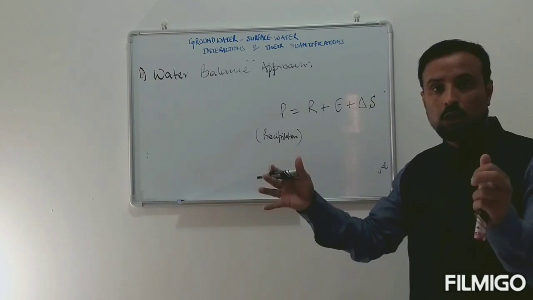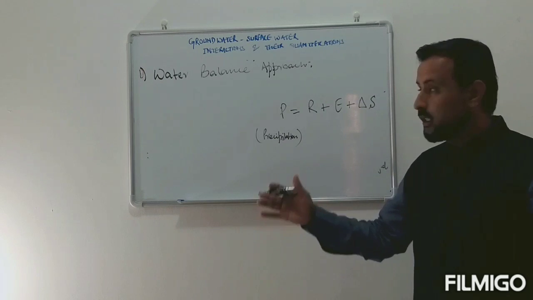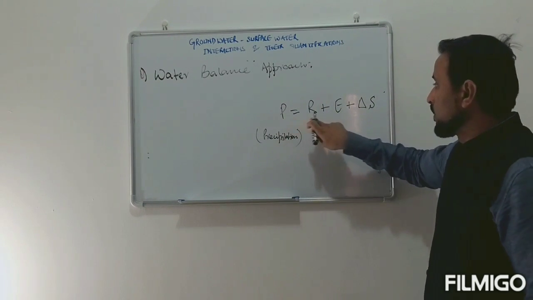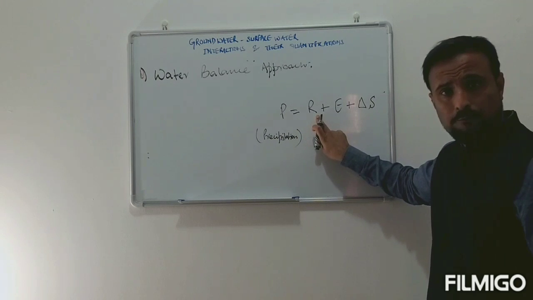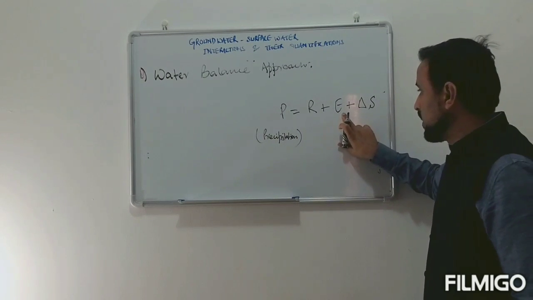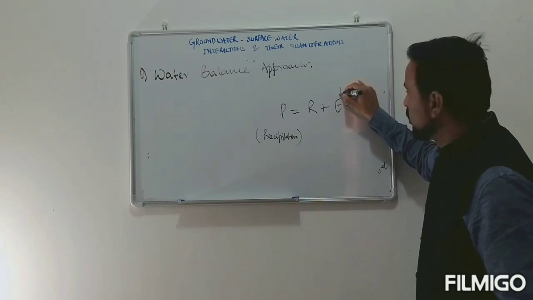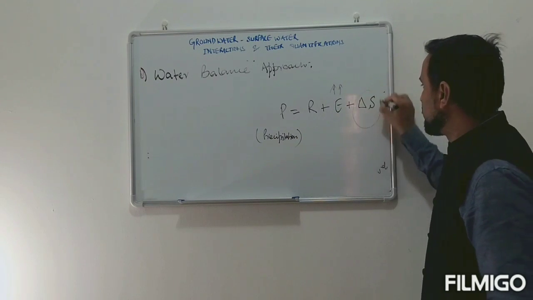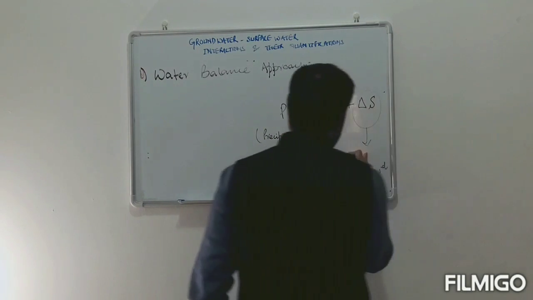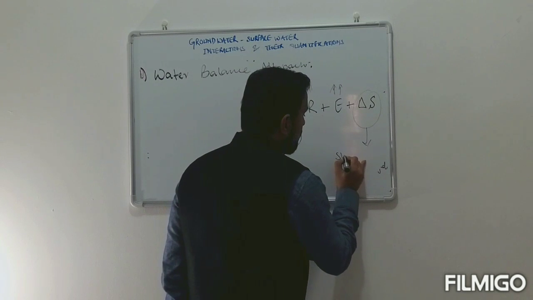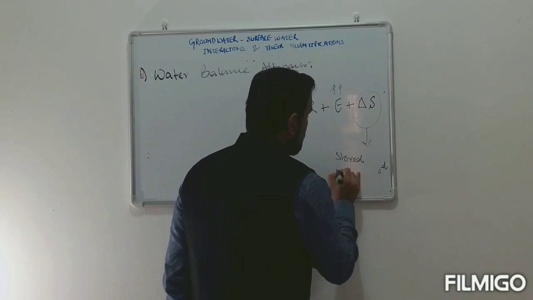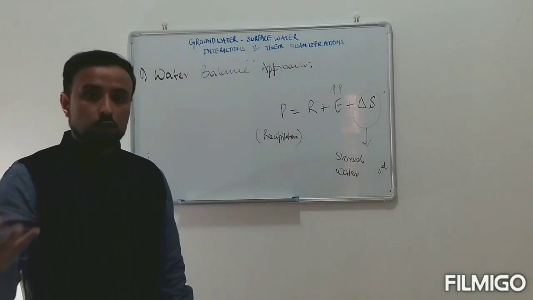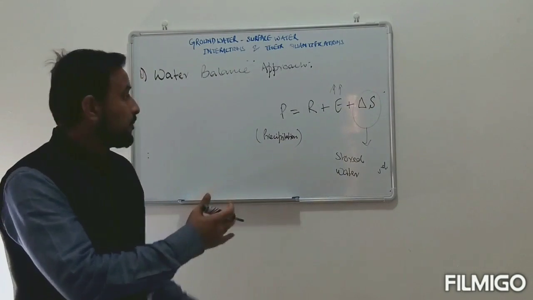So in a particular closed, isolated local basin, if rain is happening, it should either become stream flow, runoff, or be evaporated on the top, right? Or it should be stored in the ground, stored water in soil or in groundwater, right?